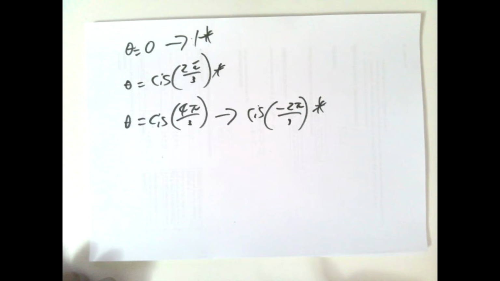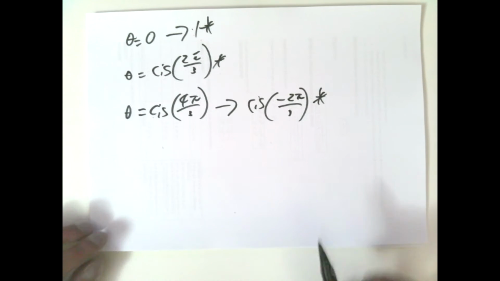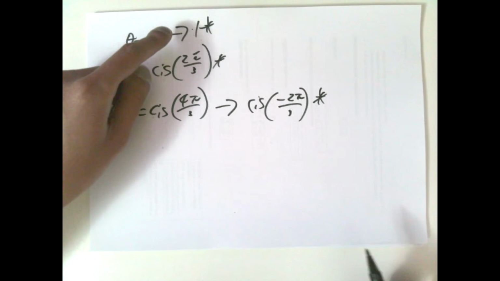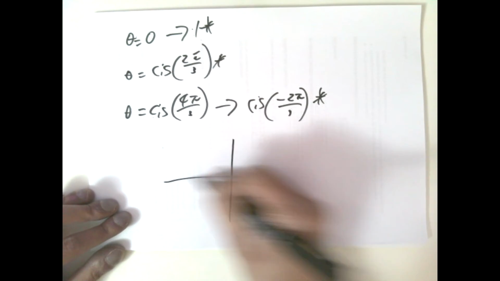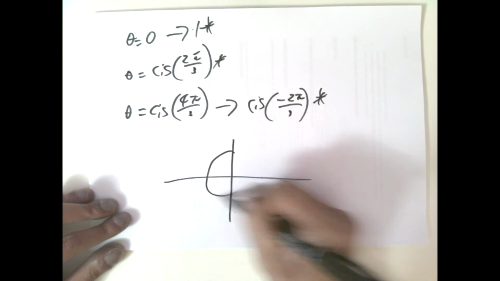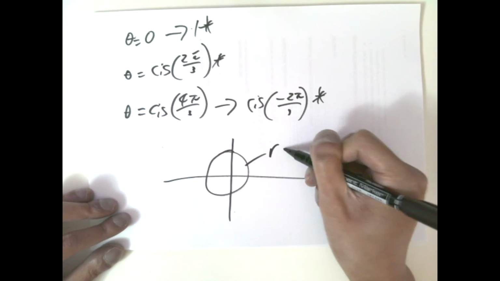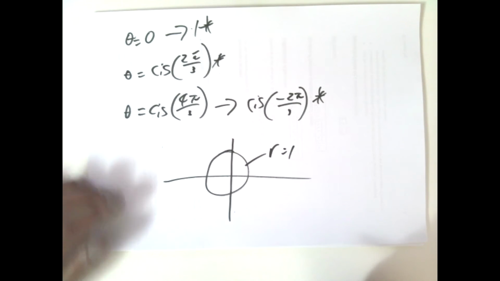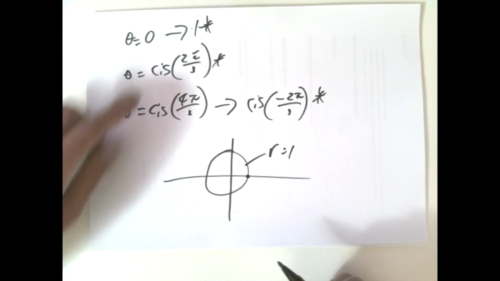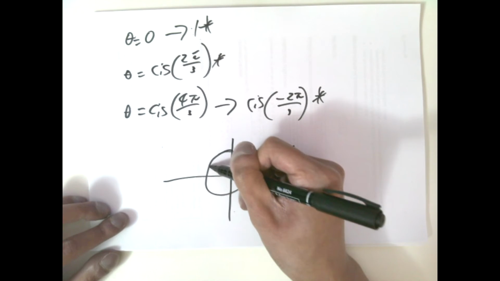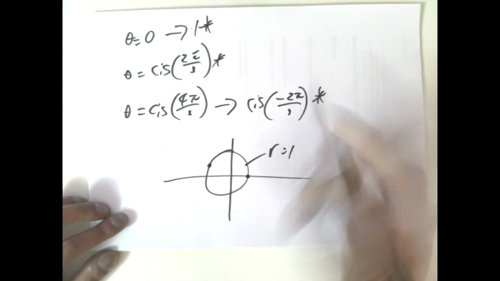What would they look like on the Argand diagram? Well, because all of them have a modulus of 1, they're all going to lie on the unit circle. Where is 1? Where is 2 pi on 3? Where is minus 2 pi on 3?